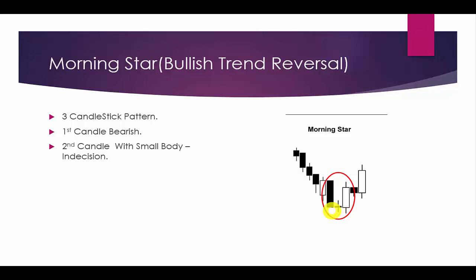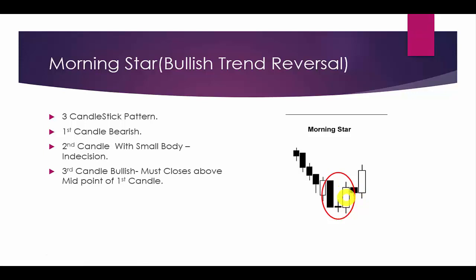So this is the second condition of this pattern. The first condition is that we will have a strong down candle, second indecision, third candle should be bullish, it should close above the midpoint of the first candle, this one.